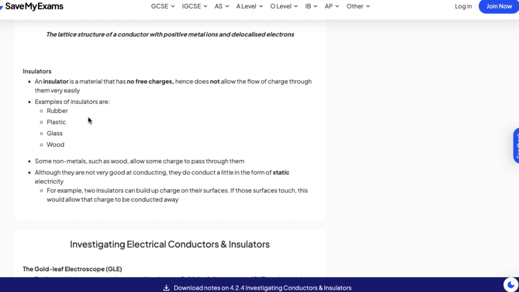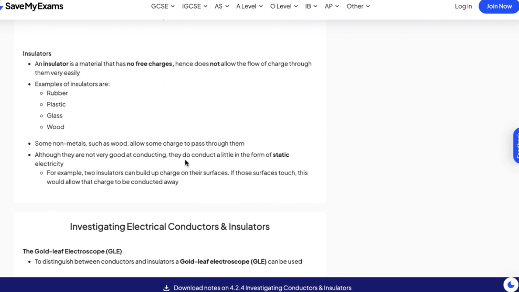Examples of insulators are rubber, plastic, glass, wood, paper, and so on. Some non-metals such as wood allow some charge to pass through them, although they are not very good at conducting heat or electricity. They do conduct a little in the form of static electricity.